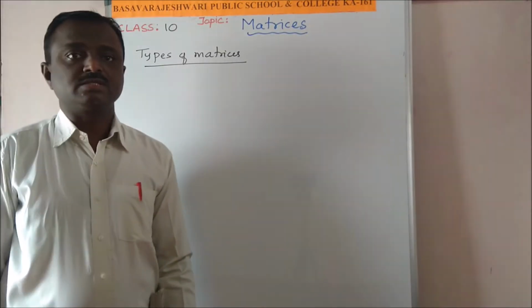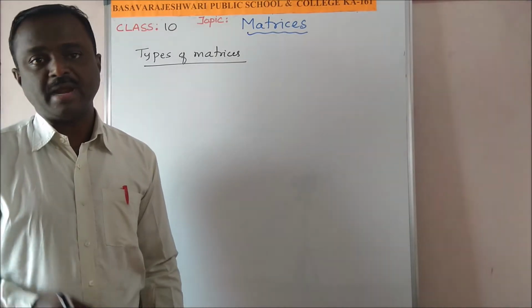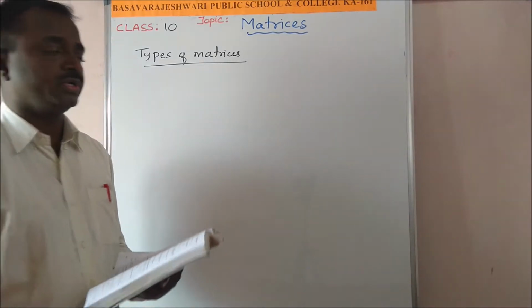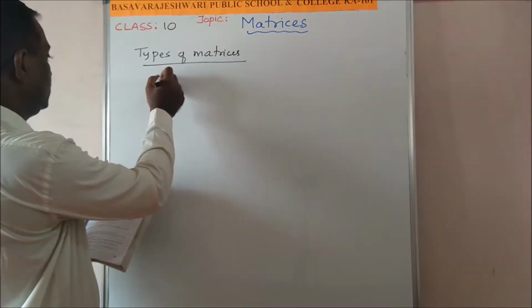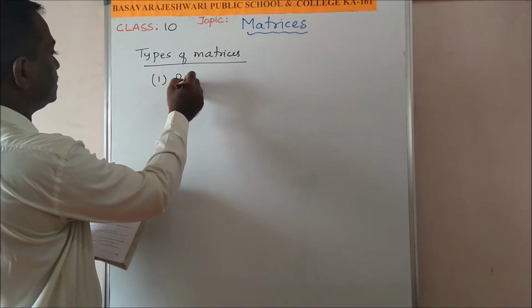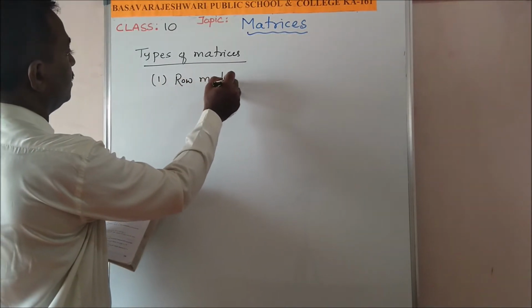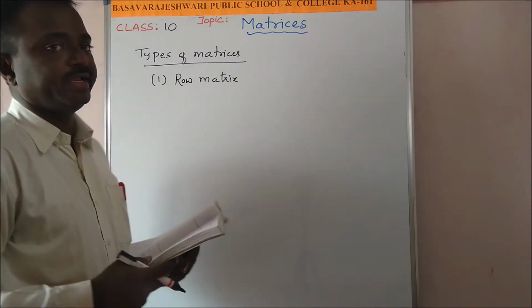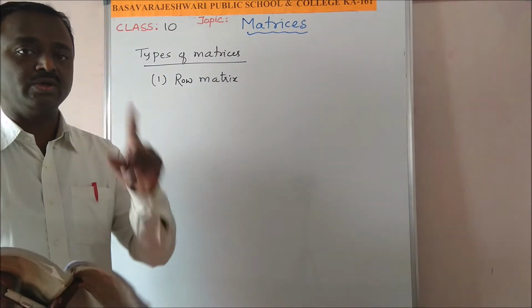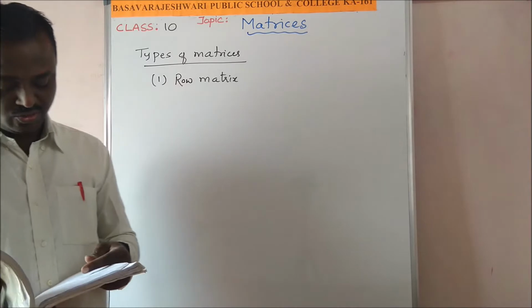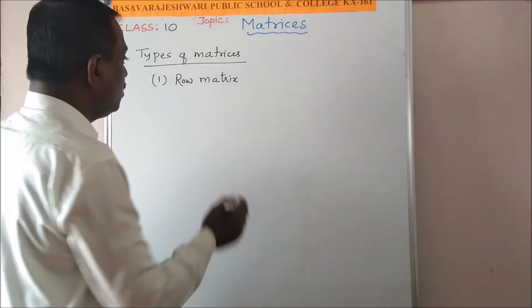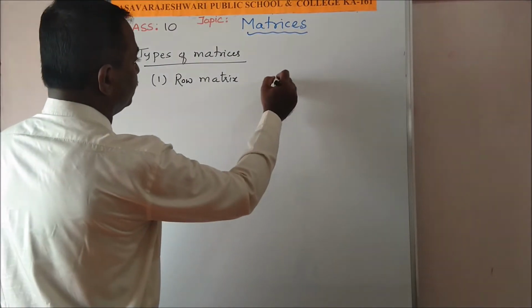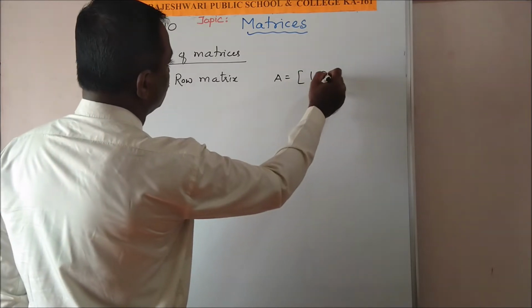So now we will discuss the different types of matrices, one by one. Number one is called row matrix. As the name itself indicates, it contains only one row. Example: 1, 2, 3.